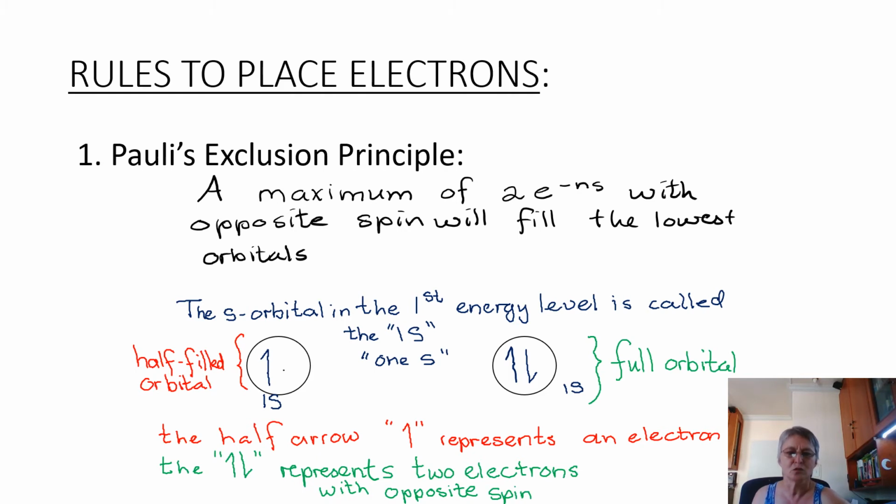This represents one electron with a specific spin, so it is a half-filled orbital if it's got one electron. And this represents 2 electrons with opposite spin in the orbital, so that is a full orbital.